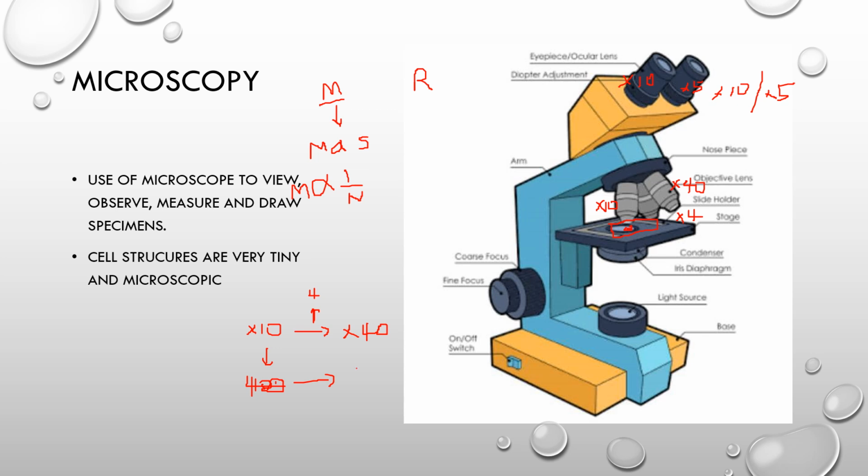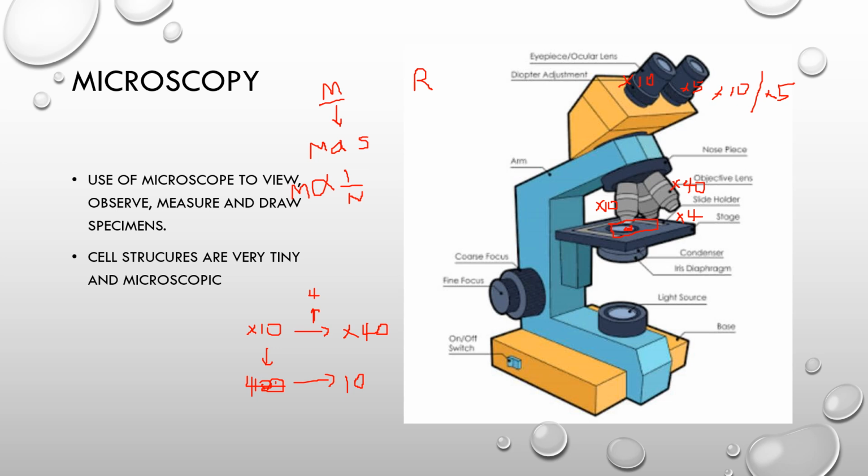So 40 divided by 4 will give me 10 cells. So the number of cells will now decrease to 10. So when you increase the magnification, the number of cells decreases.